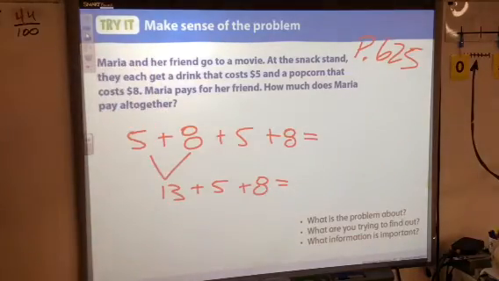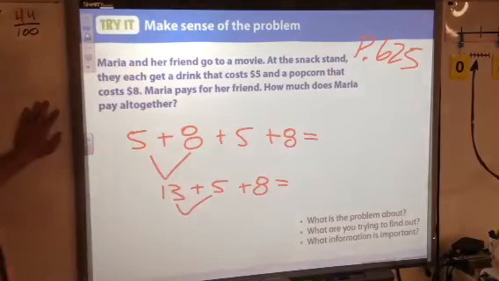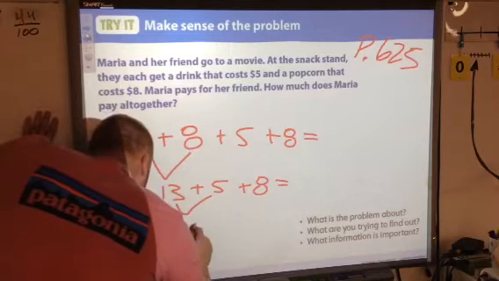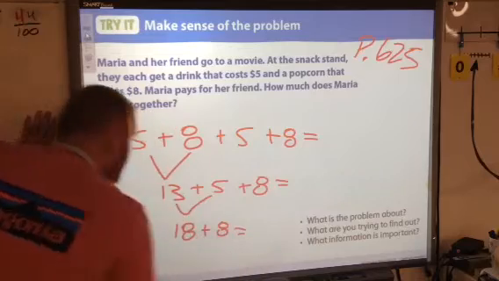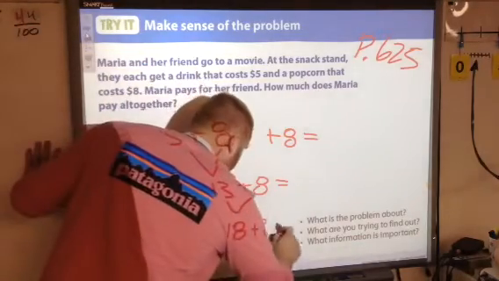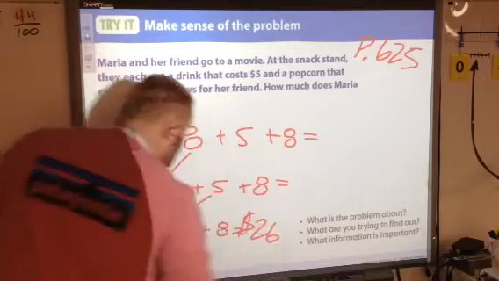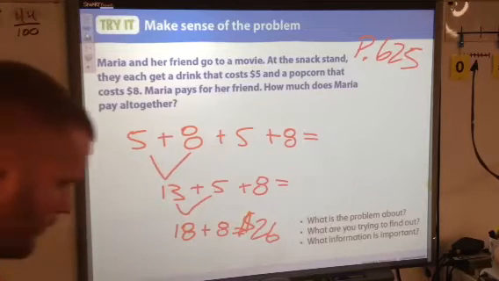Once again, only addition, so we go left to right. 13 plus 5 is 18, plus 8. It's my final one: one operation, two numbers, and you end up with 26. So Maria spent $26 on her drink and popcorn, as well as her friend's drink and popcorn.